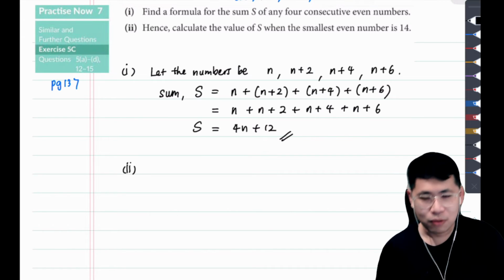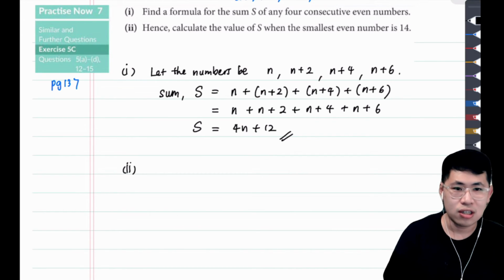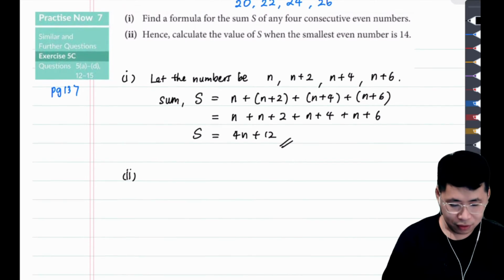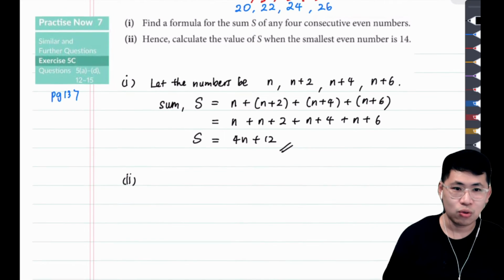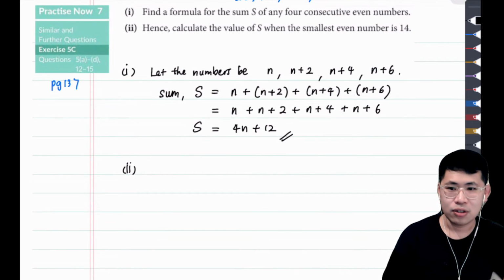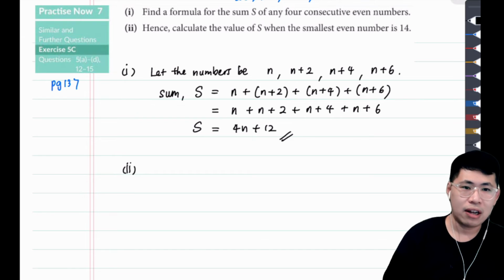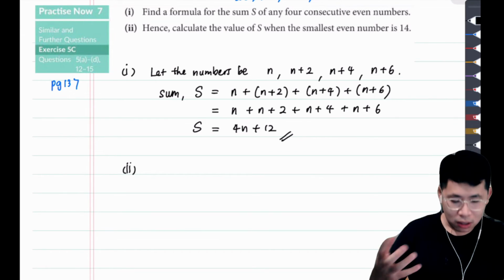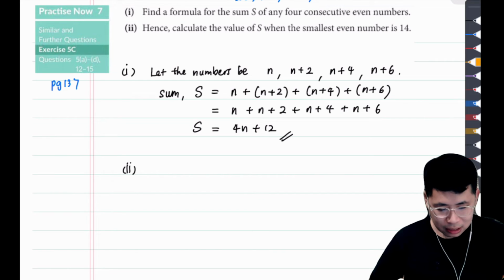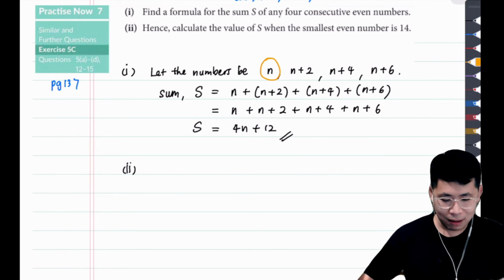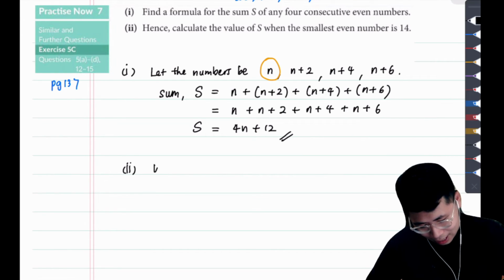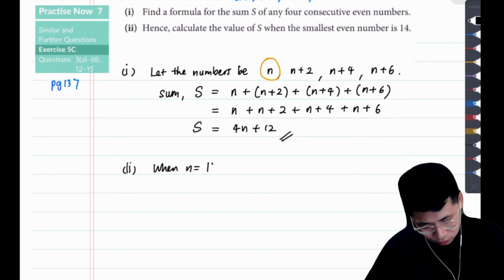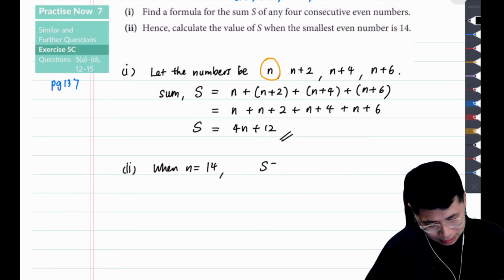Number 2, hence, with a formula we can do calculations very easily. Hence, calculate the value of S when the smallest even number is 14. Which one is our smallest even number? n. When the smallest even number n is 14, S is equals to 4n plus 12.